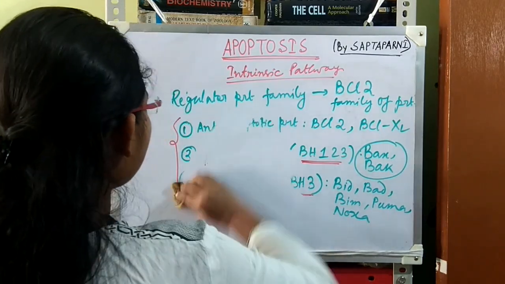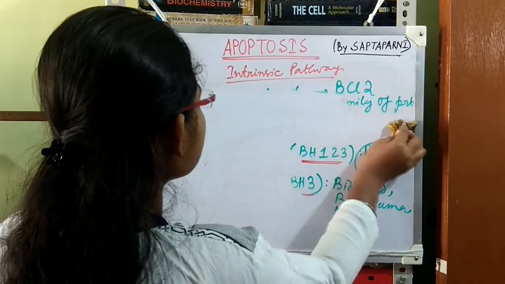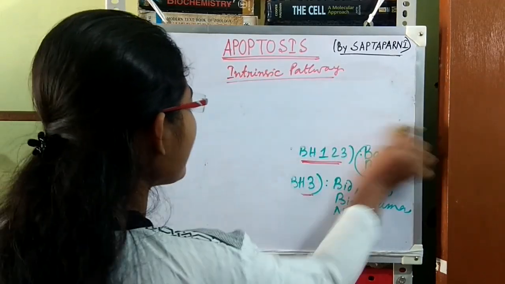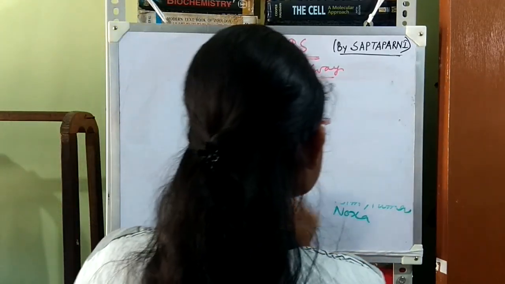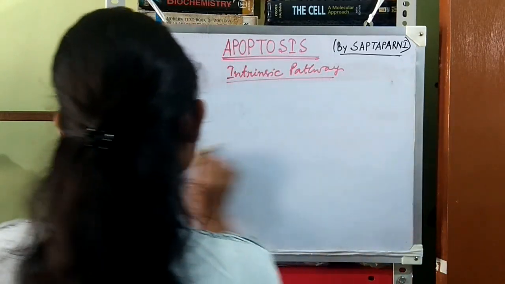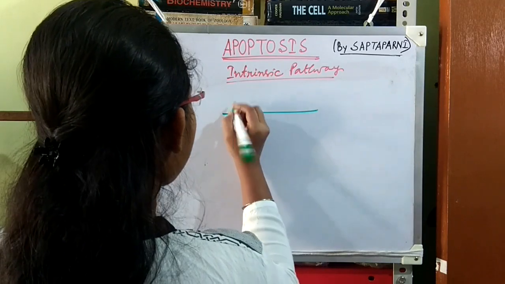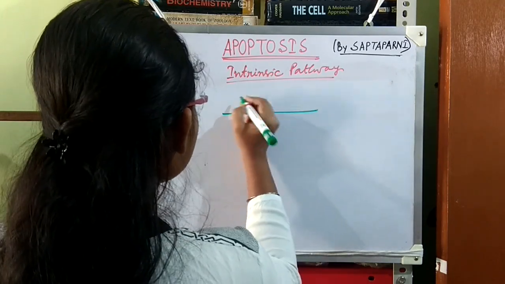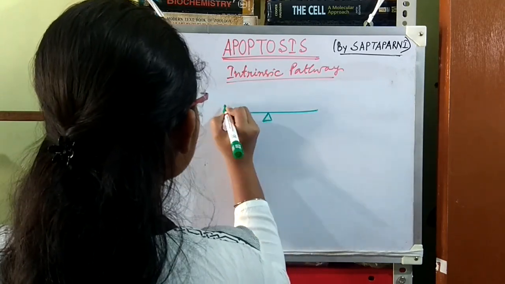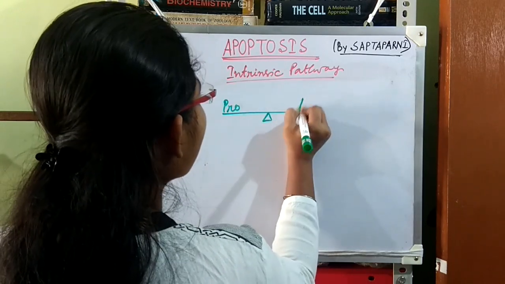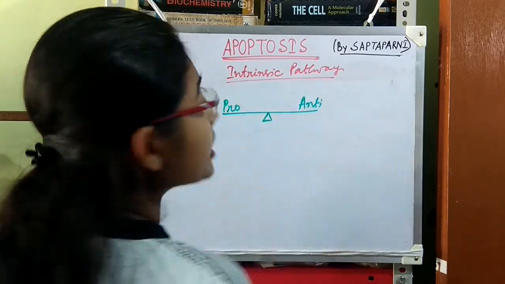Now, in our body, there is always a balance between these pro and anti-apoptotic proteins. Whenever a cell is in a normal state, what happens? There is always a balance between pro and anti-apoptotic proteins.